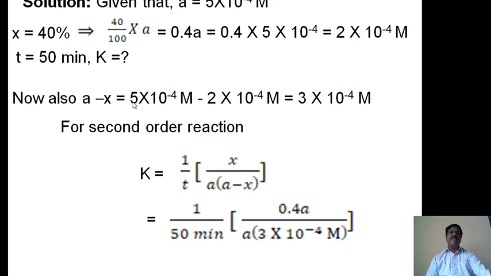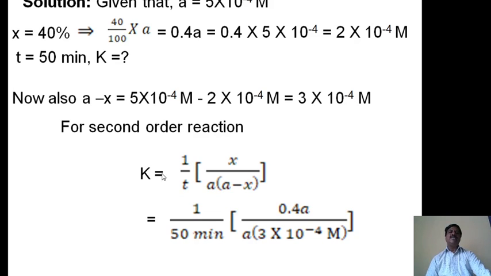Here a is 5 into 10 raised to minus 4 mole minus x, which is 2 into 10 raised to minus 4 mole that we calculated. After subtracting we get 3 into 10 raised to minus 4 mole.